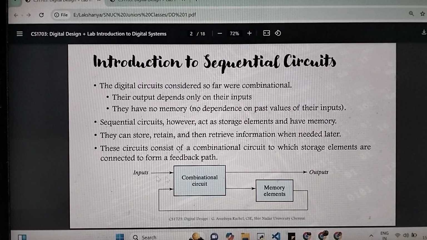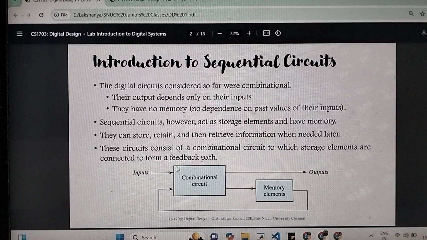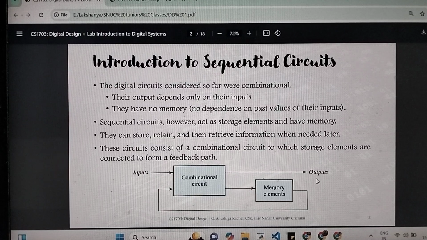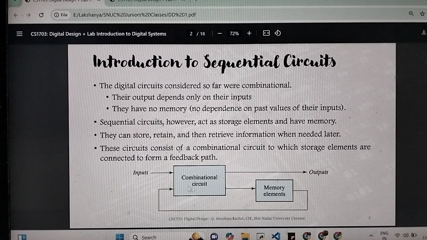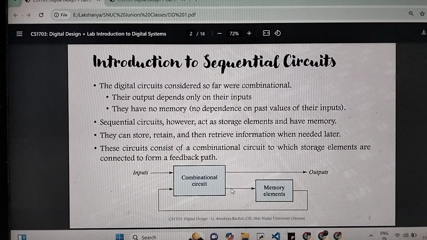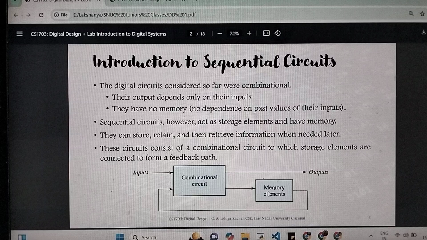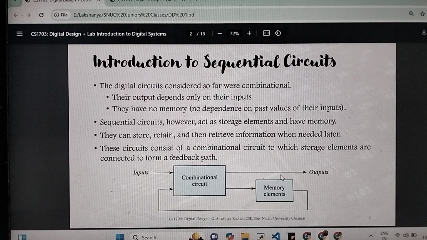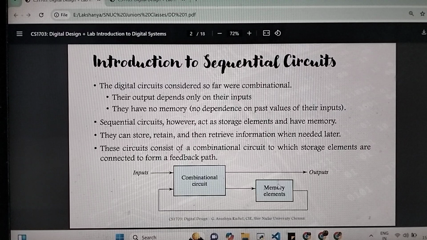You have an input, the logic part of it is the same, it's a combinational circuit and it gives you an output, but some additional information called the state information is also produced by the combinational circuit, that is stored in the memory element and fed back into the circuit. So this is the input and this is the current state which goes back into the circuit. Both determine the output as well as the next state.